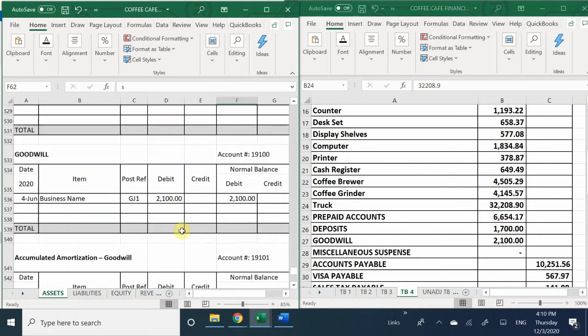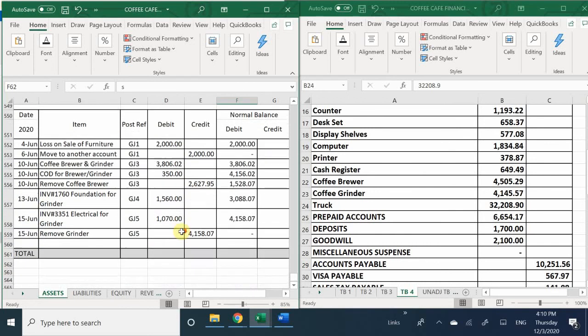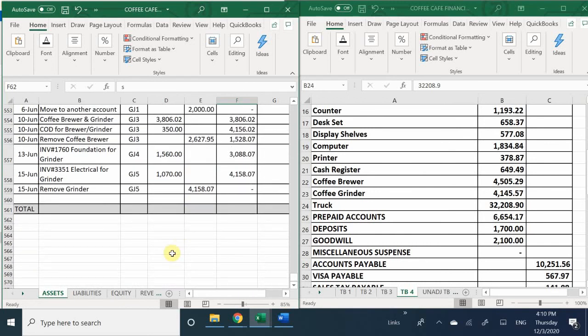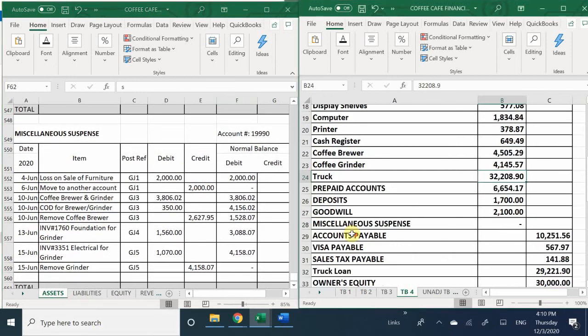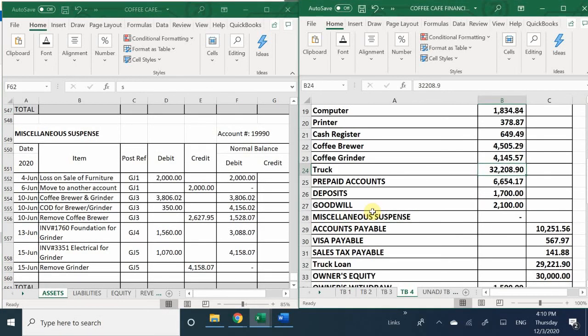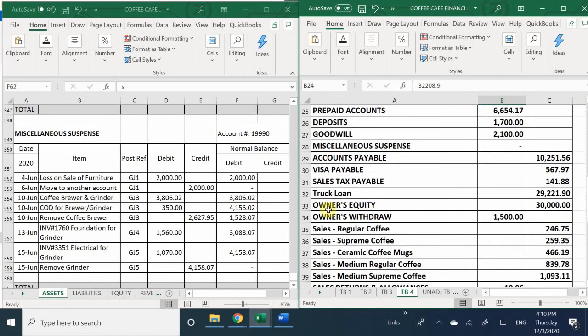And then lastly, our goodwill. No. And then of course we are not supposed to have miscellaneous expense, but I just left it there. It does no good for me to keep it there, but does no good for me to leave it out either.